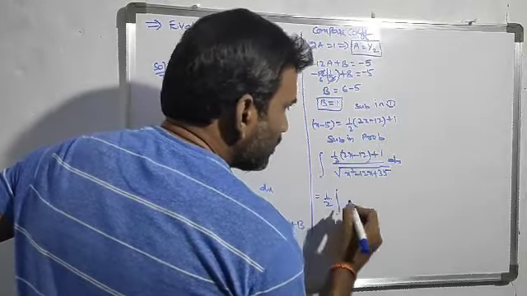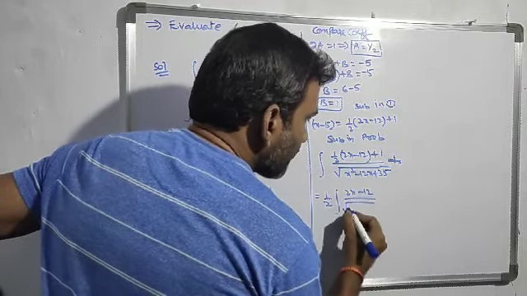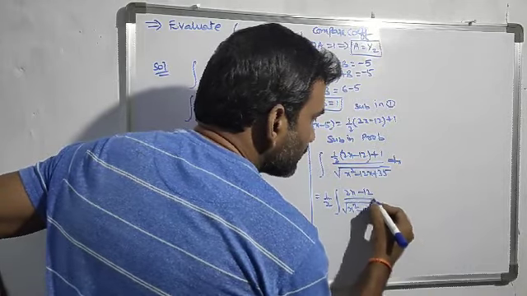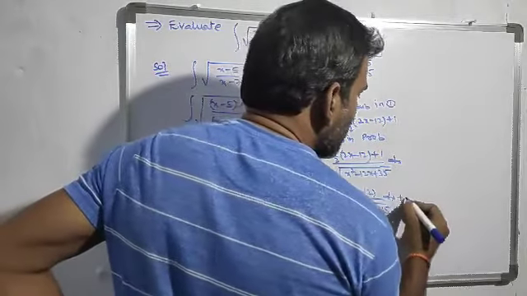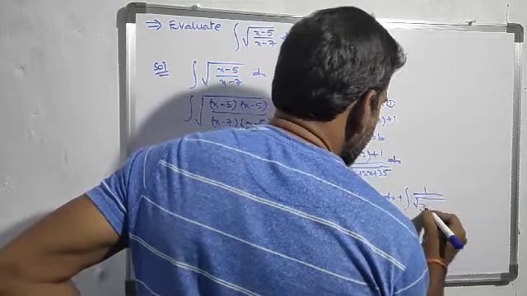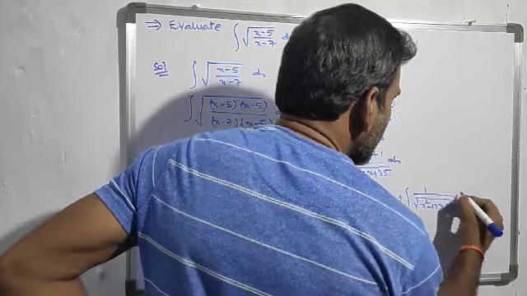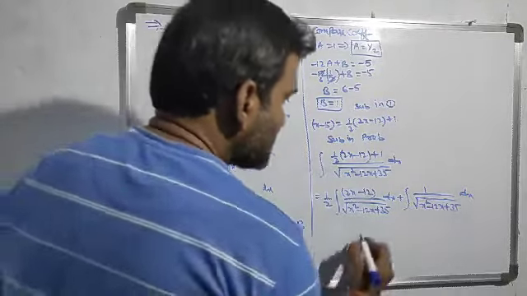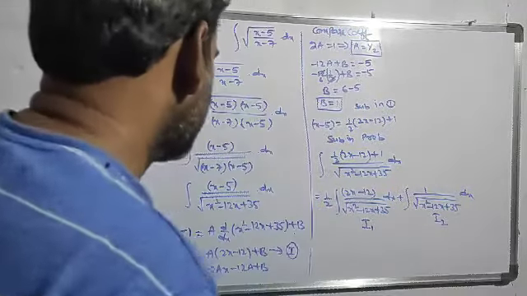I am modifying it into 2 parts. 2x minus 12 by square root of x square minus 12x plus 35 into dx is the first part, plus the integration of 1 by square root of x square minus 12x plus 35 into dx. So this is I1, this is I2.